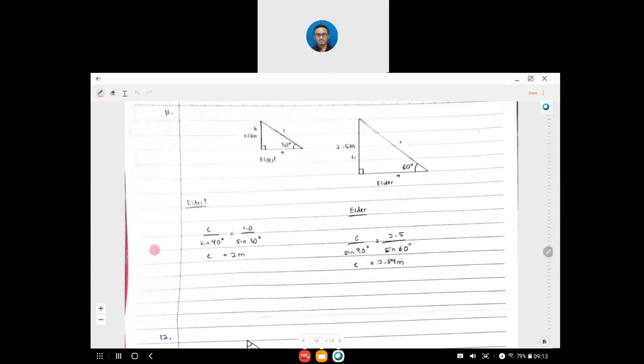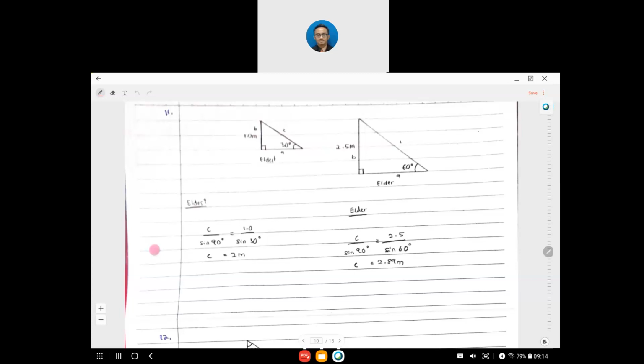For the eldest daughter, the age of 4 years, she prefers to have a slide whose top is at a height of 1.0 meter and is inclined at an angle of 30 degree to the ground, whereas for the elder daughter, she wants to have a steep slide at a height of 2.5 meter and is inclined at an angle of 60 degree to the ground. What should be the length of slide in each case?